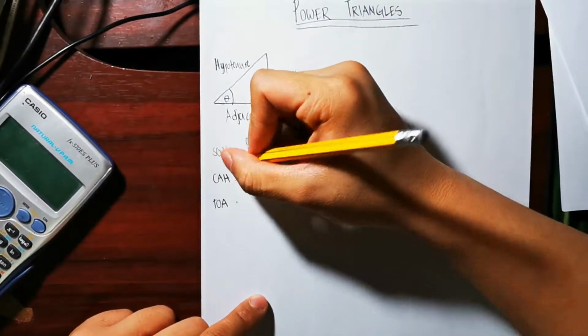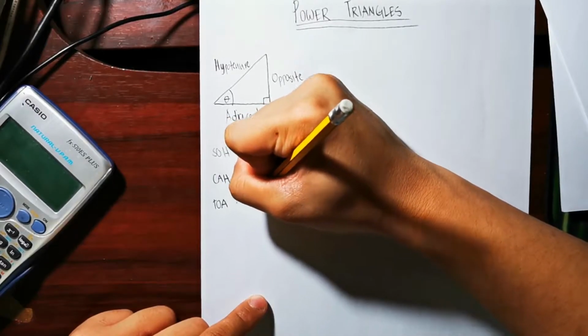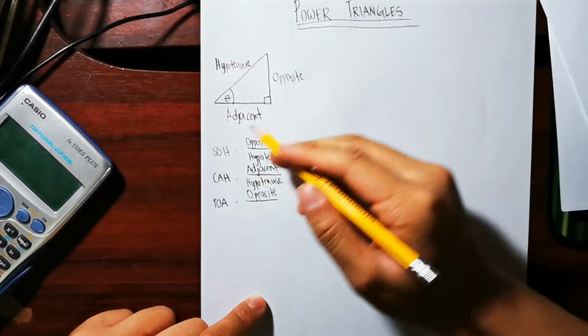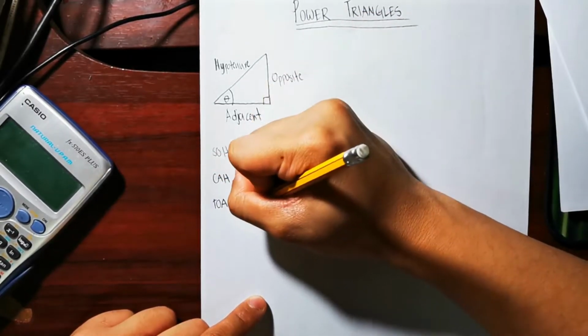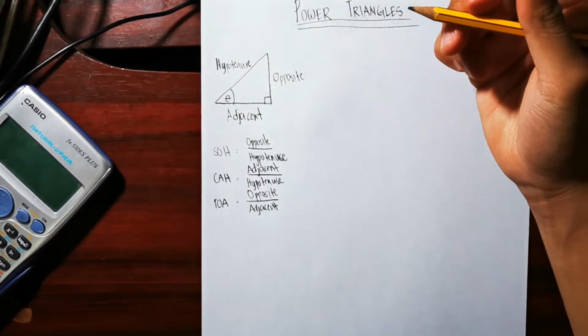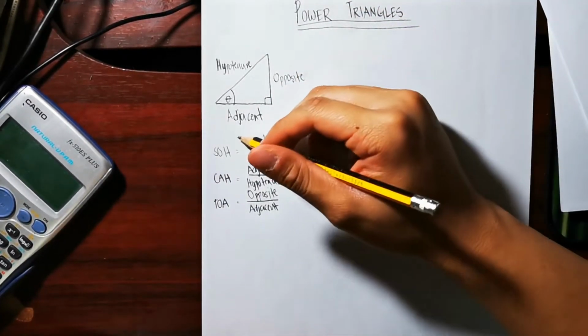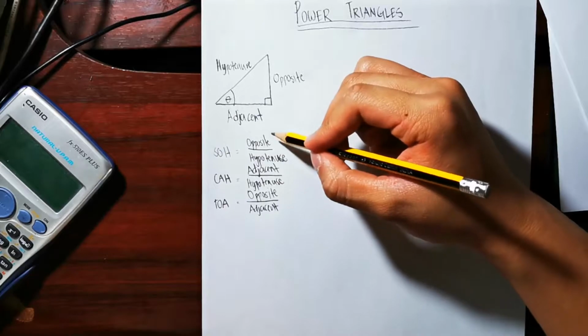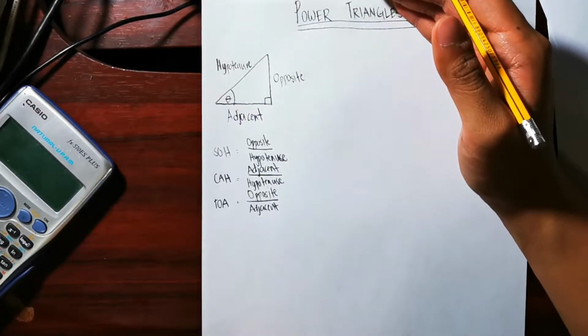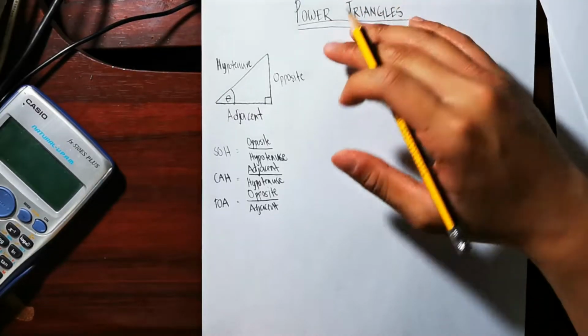And TOA is basically opposite over our adjacent. These three basic trigonometric functions play a key role in solving for the power factor.